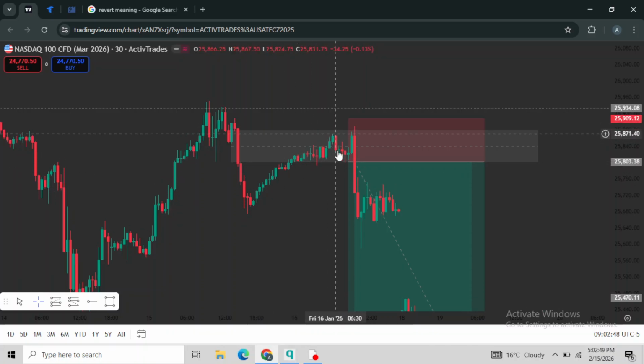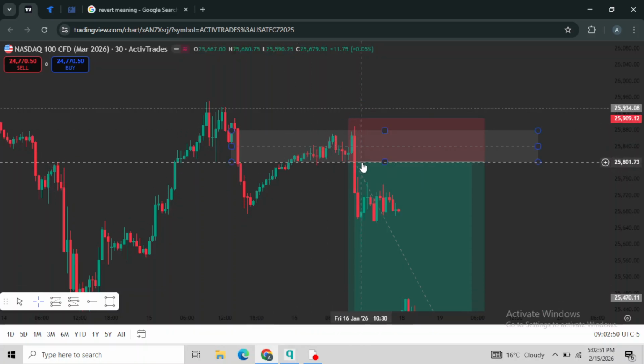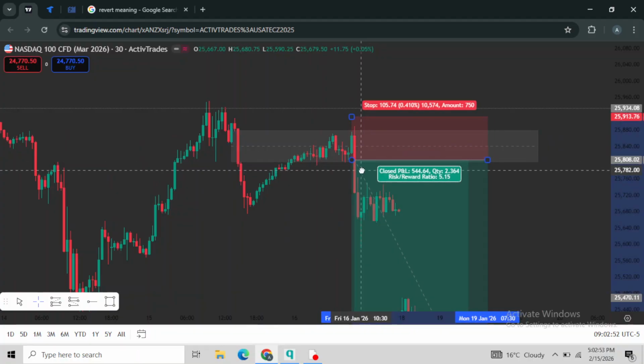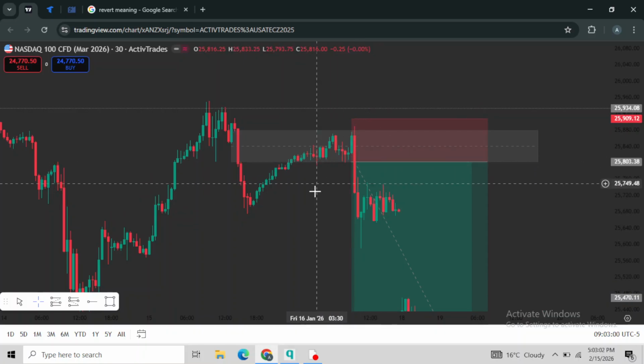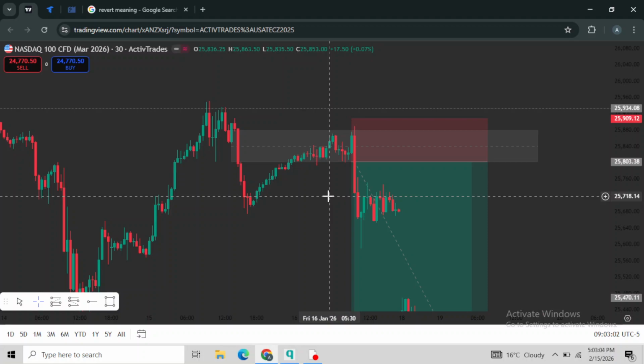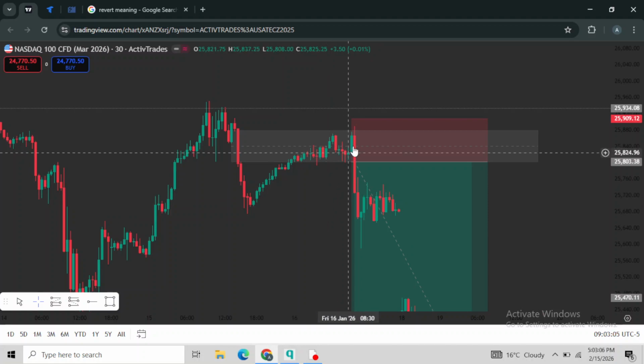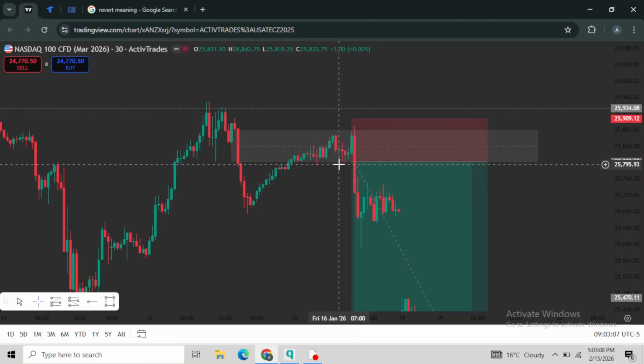So the reason I put my entry here was because I put my buy stop here, because this is confirmation that price wants to go lower. So I put buy stop here because this is confirmation enough that price wants to go lower.